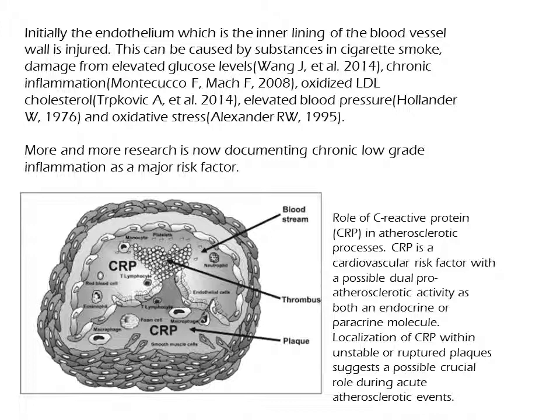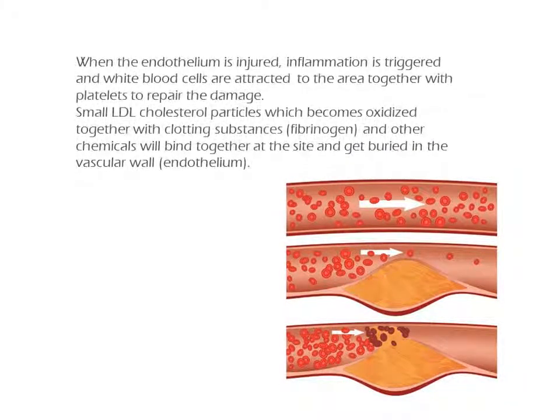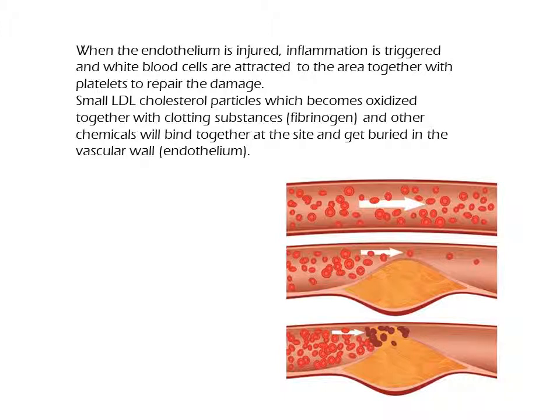More and more research is now documenting chronic low-grade inflammation as a major risk factor. When the endothelium is injured, inflammation is triggered and white blood cells are attracted to the area, together with platelets to repair the damage.